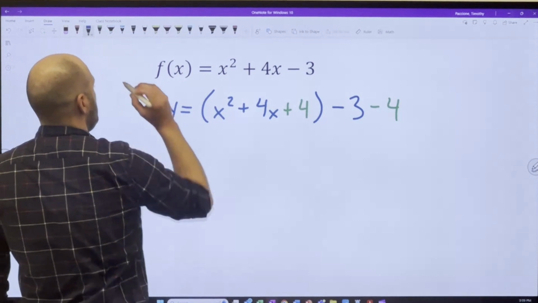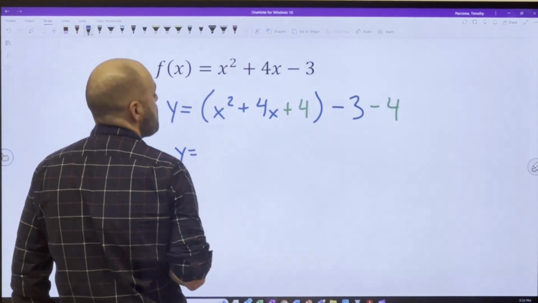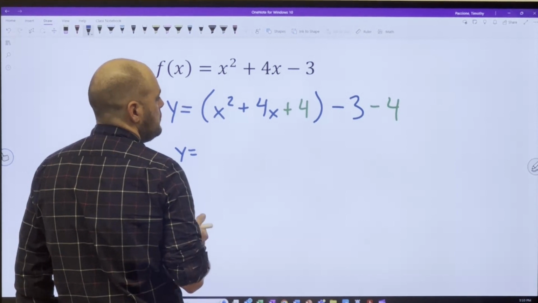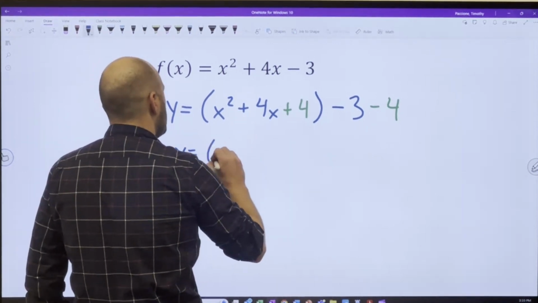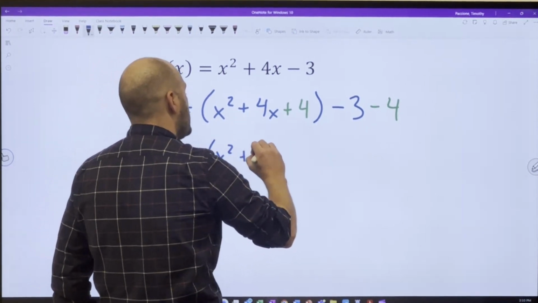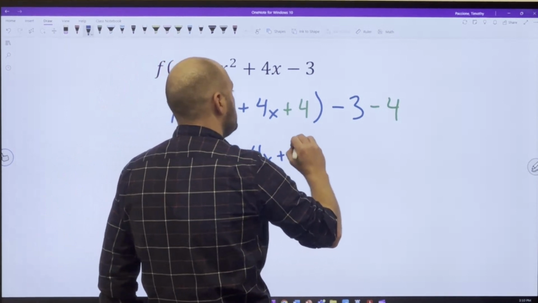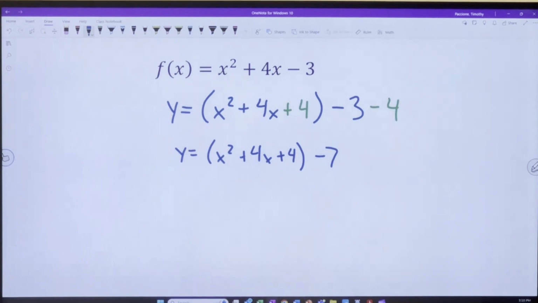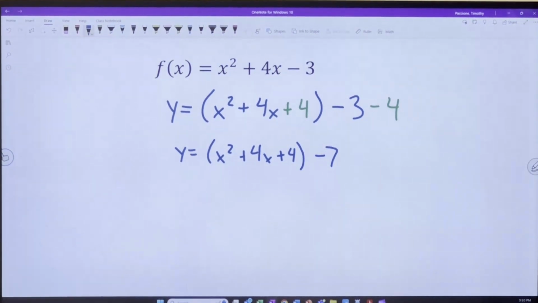All right. And then next we combine the negative 3 and the negative 4. So x squared plus 4x plus 4 minus 7. Now the very last thing I got to do is turn x squared plus 4x plus 4 into a perfect square. Right?